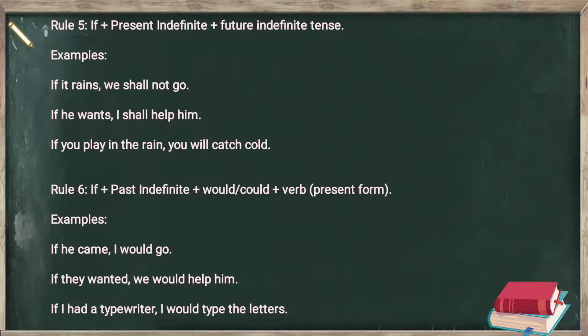If plus present indefinite plus future indefinite. So we all know the structure of present indefinite, like subject plus verb present form plus object. But can anybody tell me the structure of future indefinite tense? Only one student. Maktum.